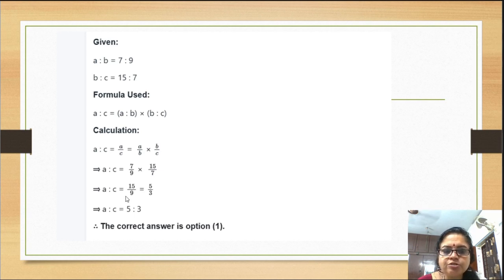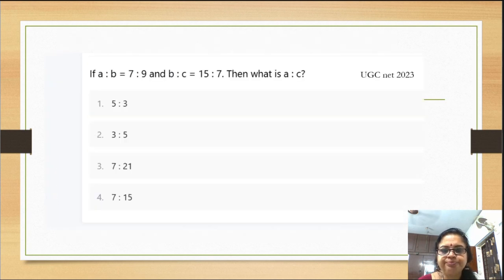So that will be A is to C is 15 by 9 or 5 by 3. Therefore the answer is A is to C is 5 is to 3. The correct answer will be option 1. So that is the first option, that is the answer.